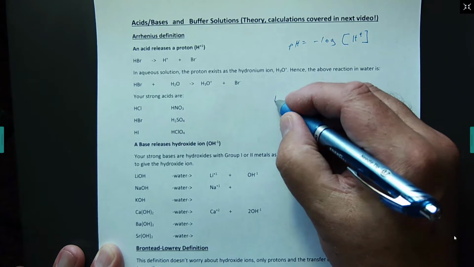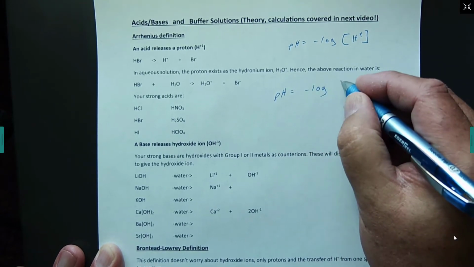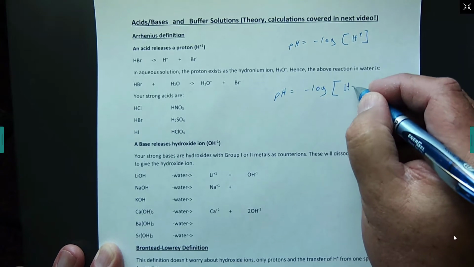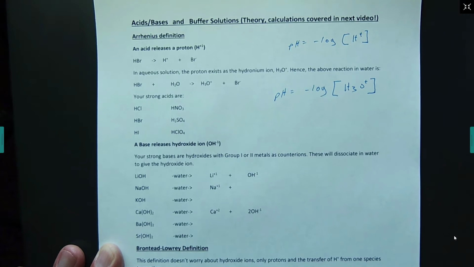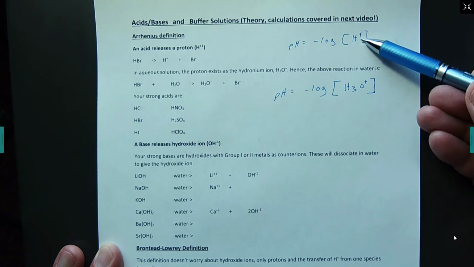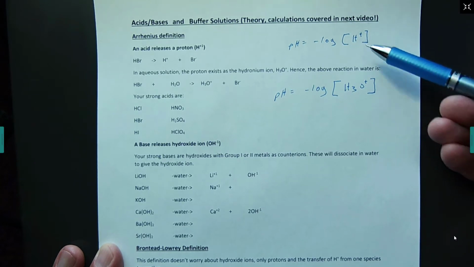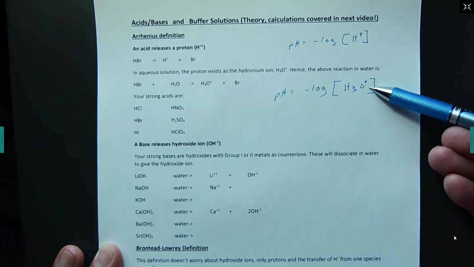Modern textbooks will say the pH of a solution is the negative log of the hydronium ion concentration. So again, way back when, we used to just talk about acids as spitting out the proton. Nowadays, we realize the proton hooks onto a water molecule, forming the hydronium ion.